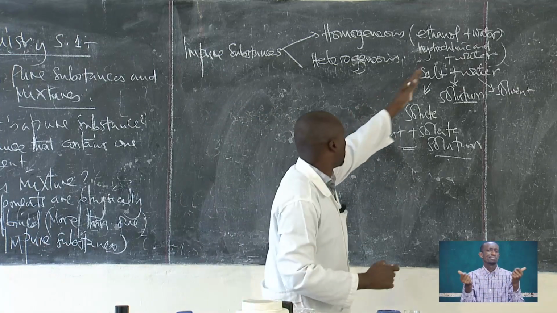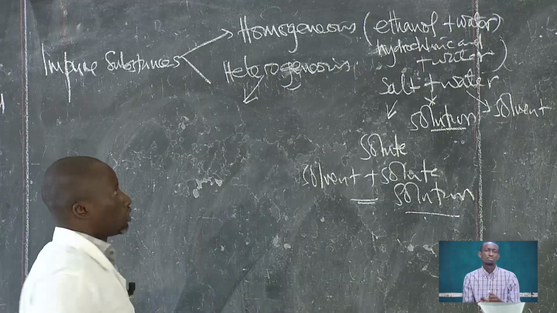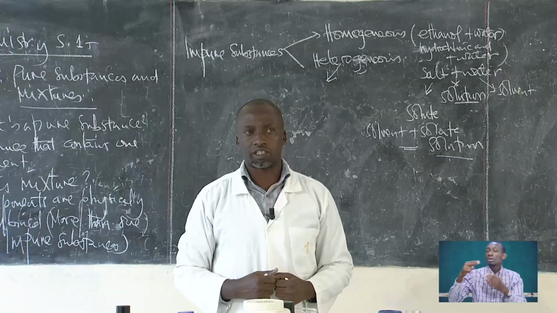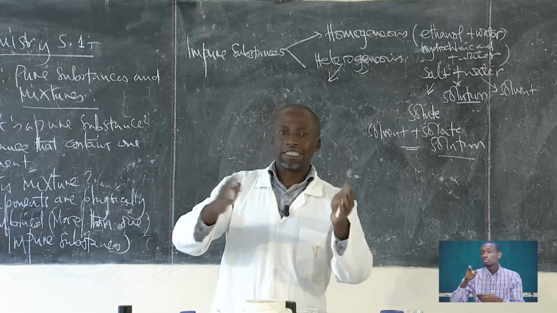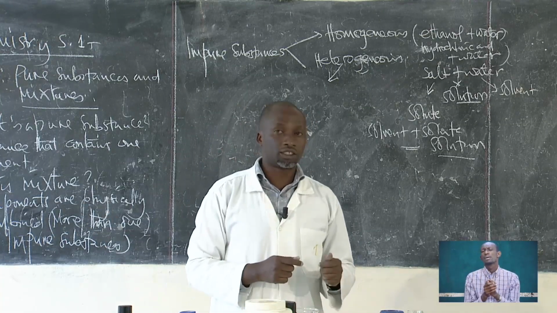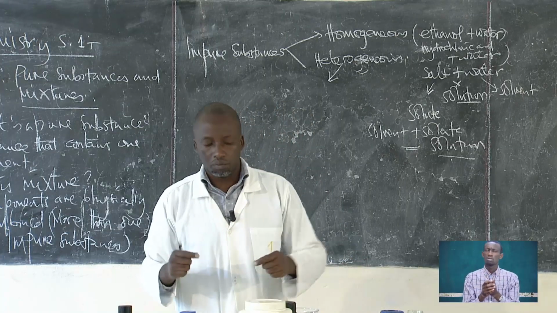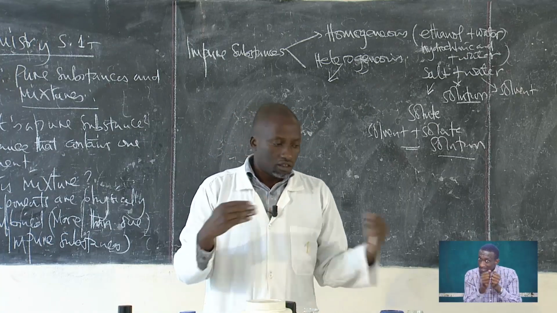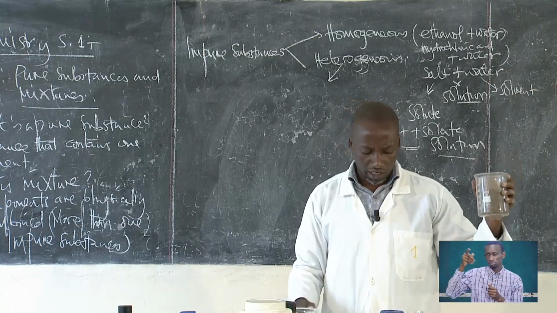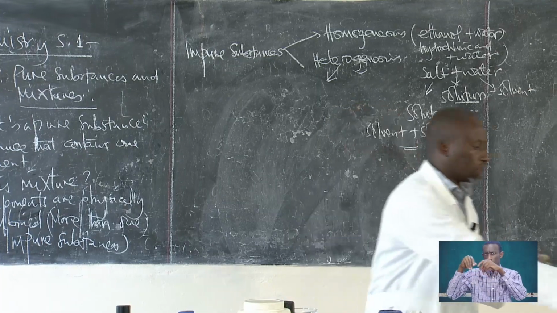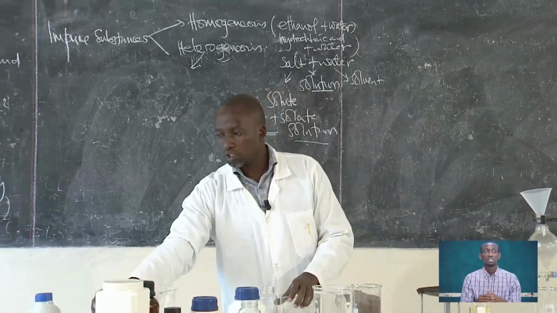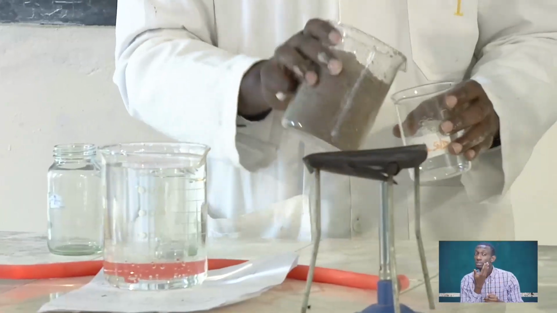We also gave some examples of heterogeneous mixtures. These form distinct layers. There are two components. For example, you may have the sand, and then you add water and mix them together.